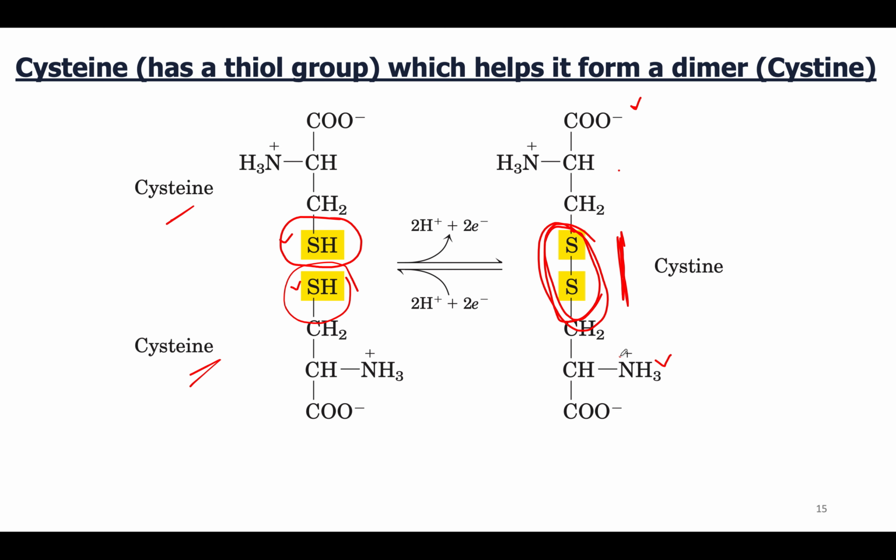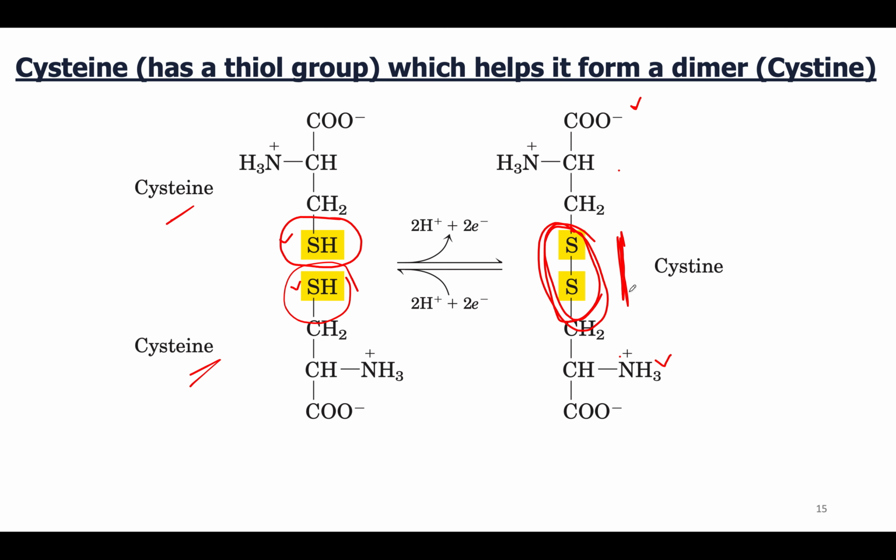The thiol group is chemically active. In nature, in order to attain stability, the chemical group needs to be inactive. Therefore, the thiol group of 2 cysteine amino acids will react with each other and they will form a disulfide bond which is called cystine.